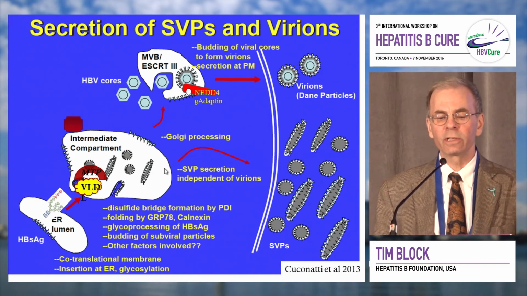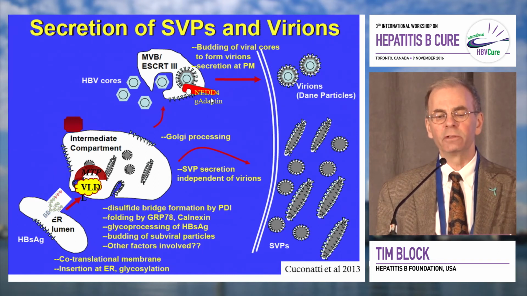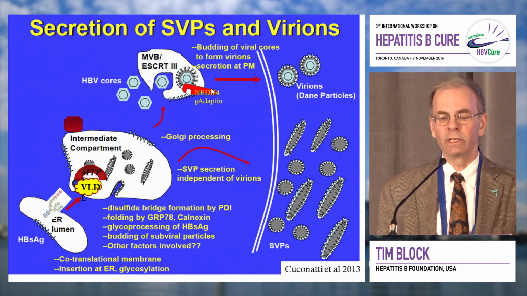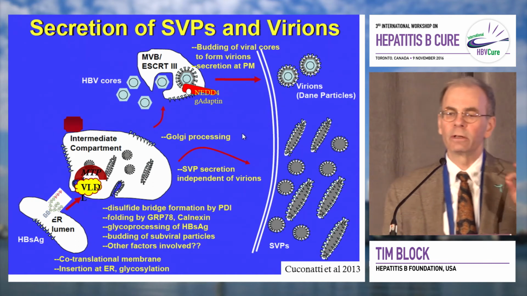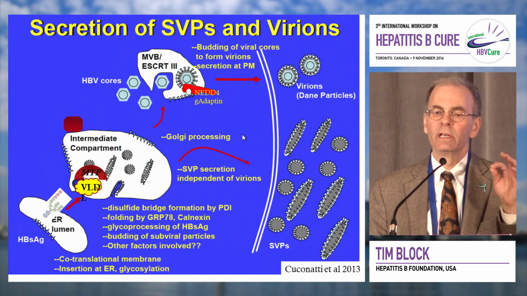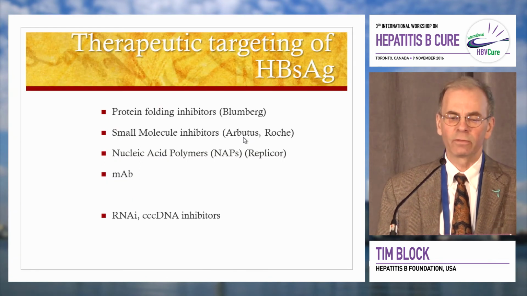And then here, the subviral particles via the Golgi process are secreted without docking into the L proteins, which are sitting here in the MVB vesicles, through the action of NEDD4 and gamma-adaptin, which then adds on L protein, and then you get the virions that are secreted. I only go through that in a labored way to point out there are many steps within the life cycle and morphogenesis that are prospects for intervention.